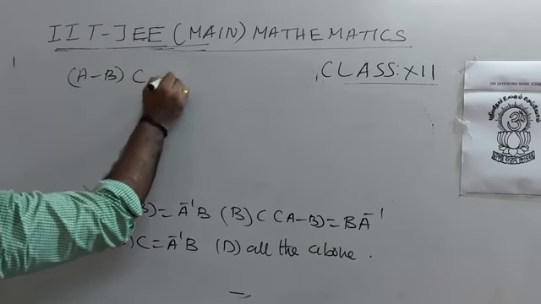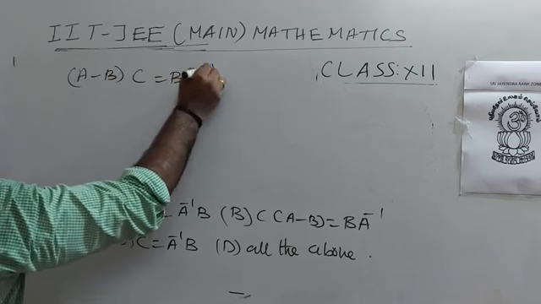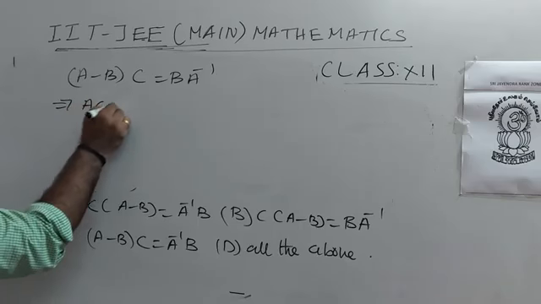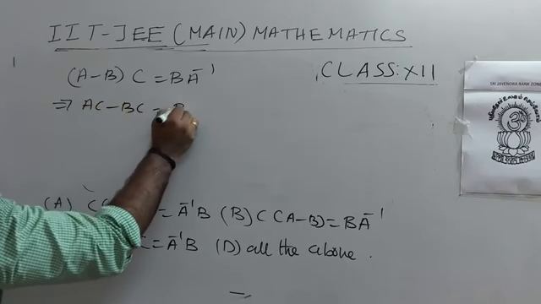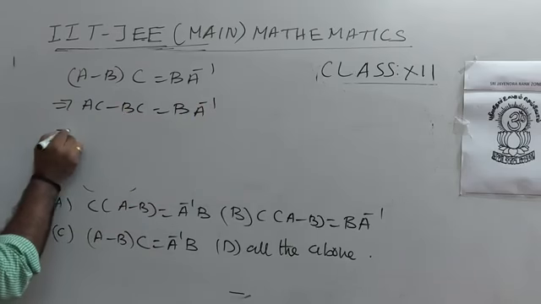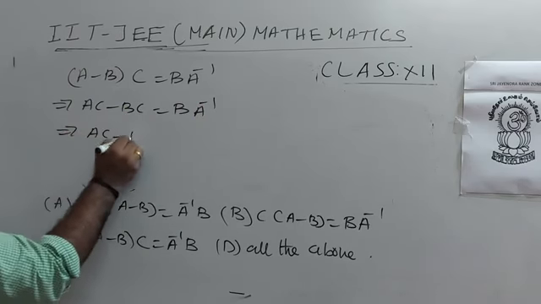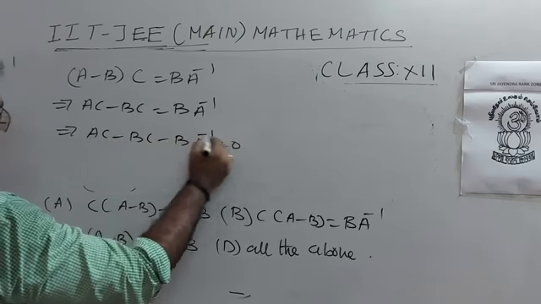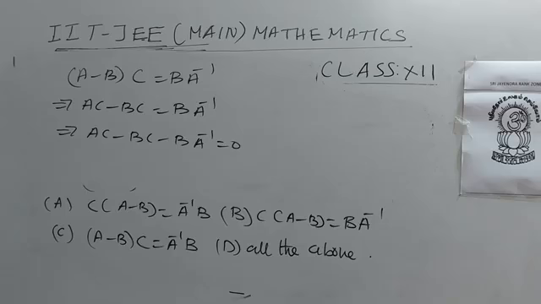(A minus B) into C equal to BA inverse, which implies AC minus BC equal to BA inverse. So AC minus BC minus BA inverse equal to 0.